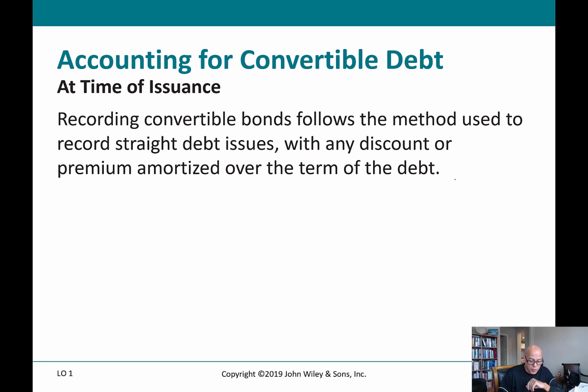Recording convertible bonds follows the method used to record straight debt issues with any discount or premium amortized over the term of the debt. So when you first issue a convertible bond, you treat it like any other bond. But what will happen is the bond will typically issue for more than face.